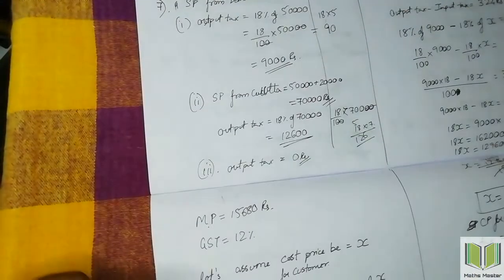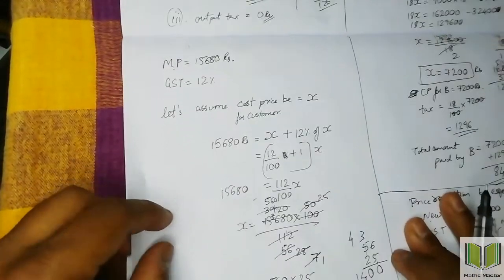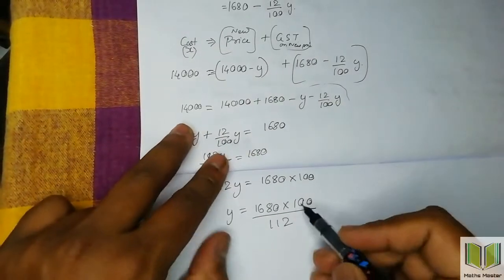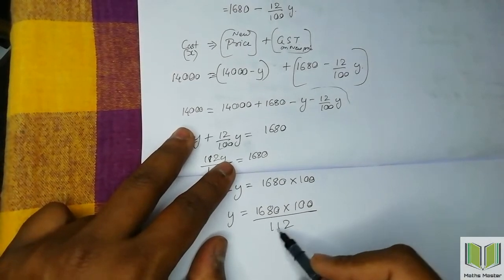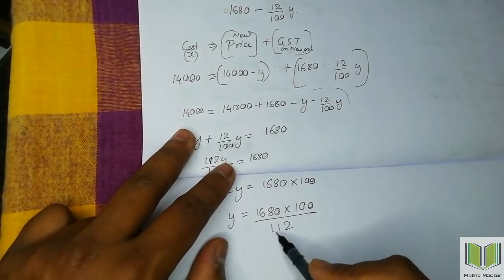We did this math somewhere. Okay, we'll solve it now. Is this divisible by 4?